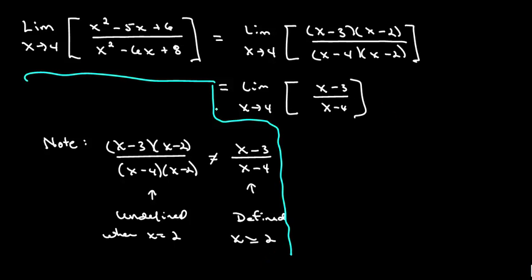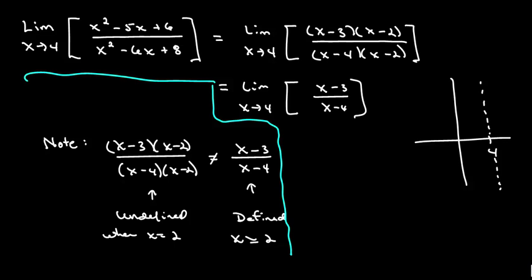Now, if we look at the limit as x approaches 4, the denominator still gives me 0, but the numerator gives me positive 1. And if you looked at the actual function, x minus 3 over x minus 4, at positive 4 we have a vertical asymptote.